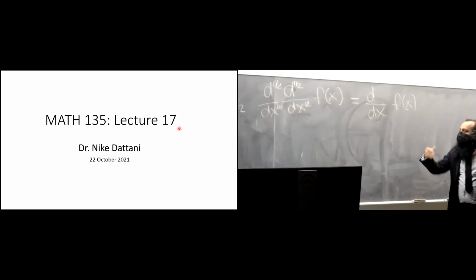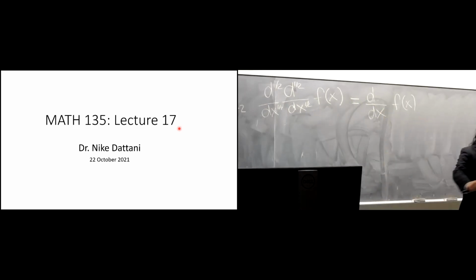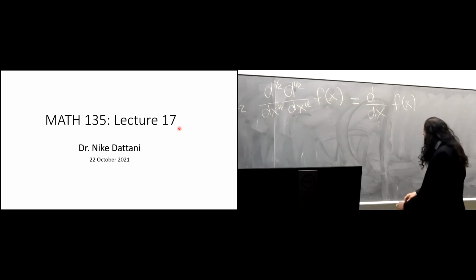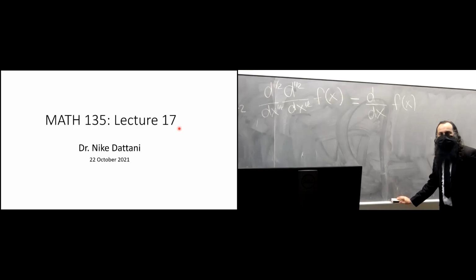So it's like the square root of the derivative operator in some sense. I apply that operator twice and I get the first derivative. Okay, so what's the half derivative of f of x? Well, in this case, I had x to the k. So now you know the definition of the half derivative of a function.